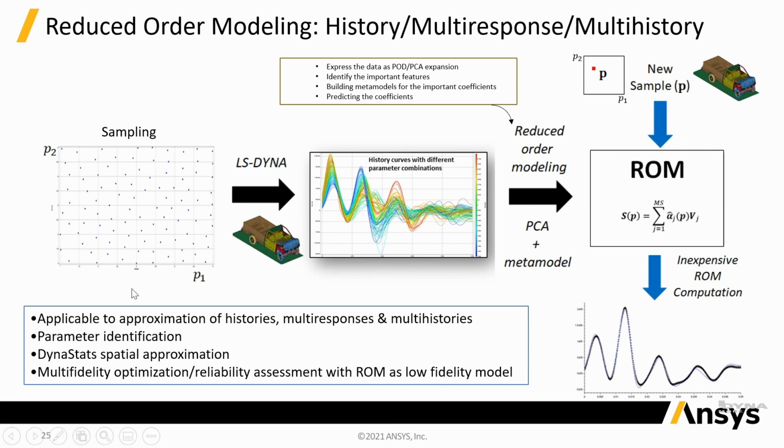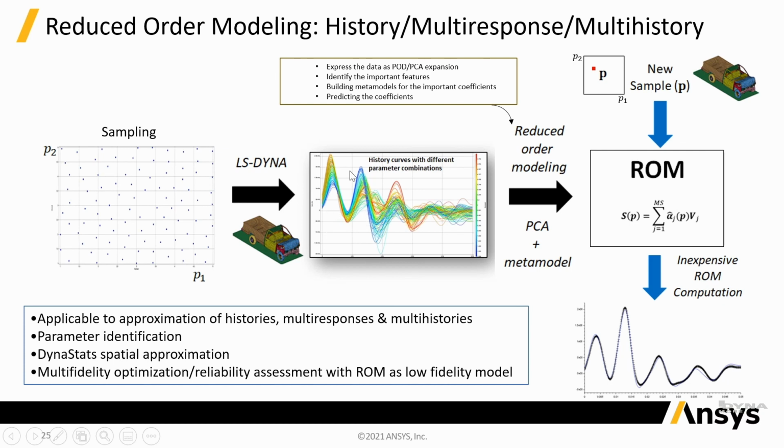So the basic idea is we start with a set of samples. We run some simulations, so we see some acceleration histories in this case. I'm demonstrating this for single point histories.